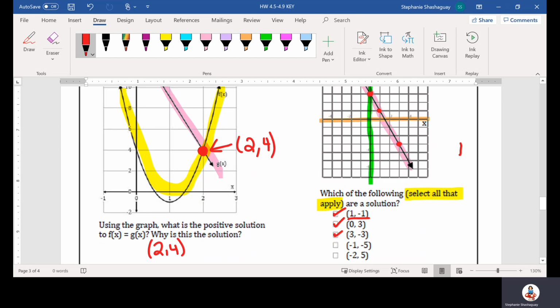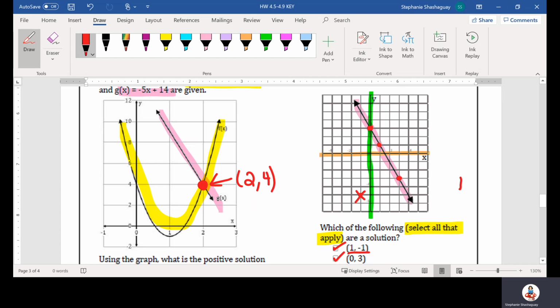-1 and -5. So -1 and -5, 1, 2, 3, 4, 5. Nope, that is not. Then we have -2 and 5.